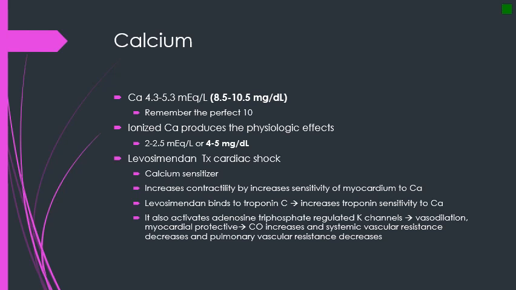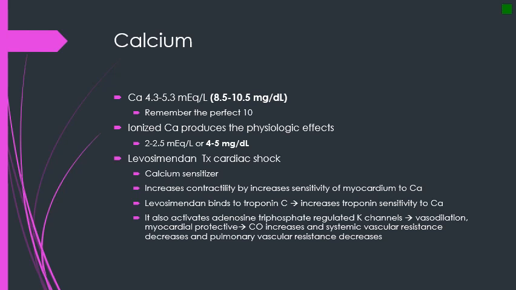And one of those drugs that you may see used in the OR is levosimendan. All right, levosimendan. Anyhow, however you pronounce it, it treats cardiac shock because it sensitizes that myocardium to the calcium.